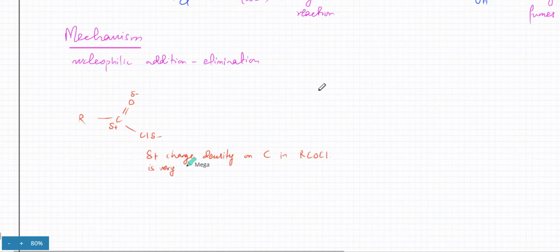This would be asked as well. Why is it high? Because it is bonded to two electronegative elements.